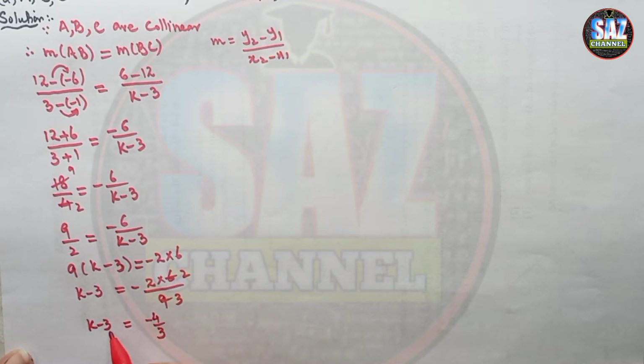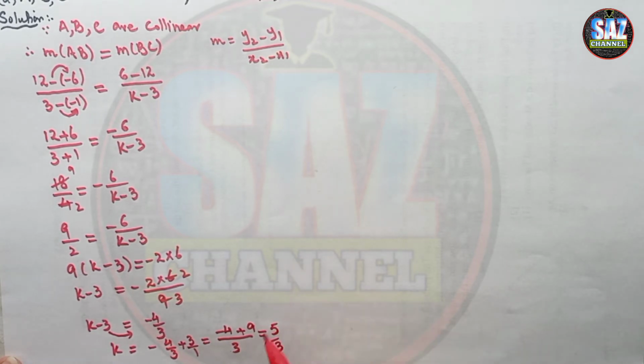Now in order to get the value of K, I have to shift this 3 to the other side. K equals minus 4 by 3 plus 3, and take the LCM. This is 3 minus 4, here we have 1 plus 3. How many times? 3 3s are 9, and this will give me 5 by 3. So the value of K is 5 by 3 for this condition.